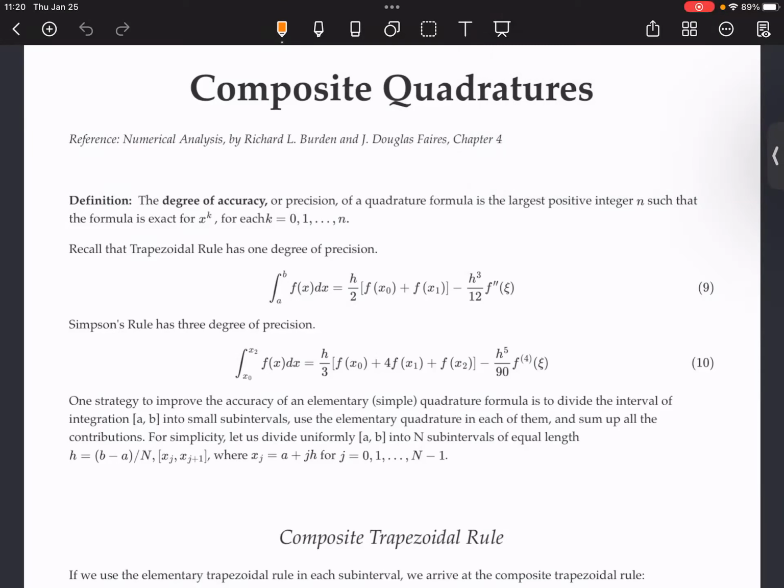For example, we have already investigated the trapezoidal rule and then the Simpson rule, right? If you take a look at these two formulas, we have the error term here, and we have investigated what happens if we put in several different f(x) into this formula.